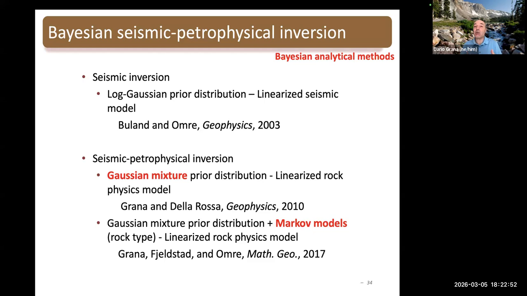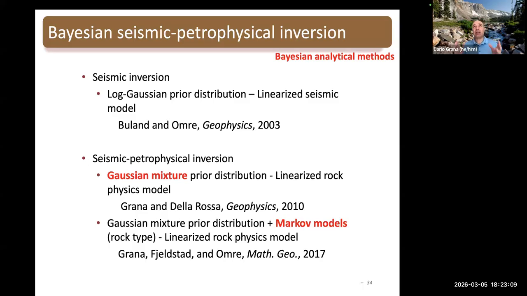Essentially, I did a seismic inversion, but the parameterization of the model is in terms of rock and fluid properties, for example porosity and water saturation, instead of elastic properties, P wave velocity and density.